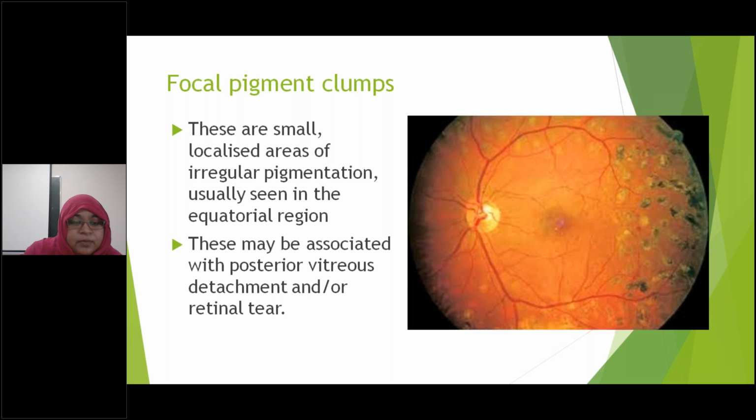This may be associated with posterior vitreous detachment and sometimes can be associated with retinal tear. These are the focal clumps. So this is the posterior pole and this is the equator. Mostly seen in the equatorial region, and they can be associated with PVD and retinal tear.